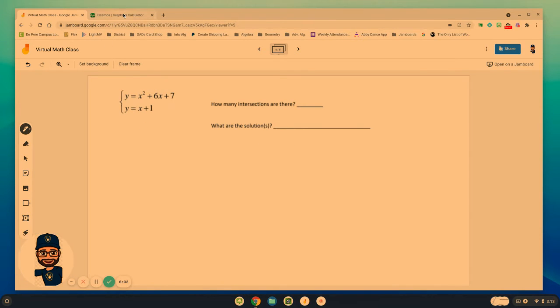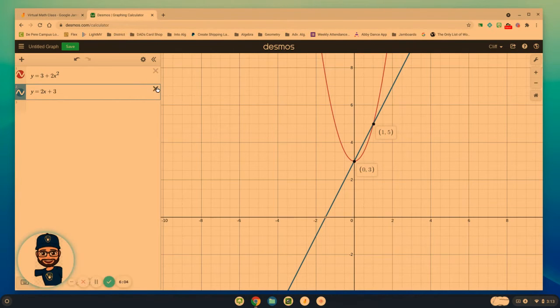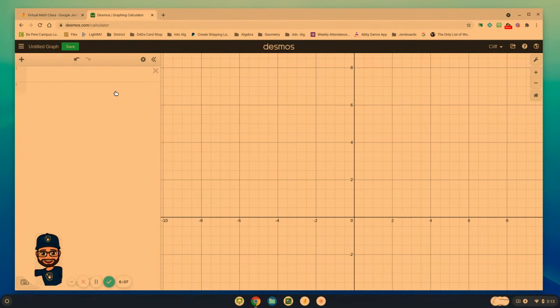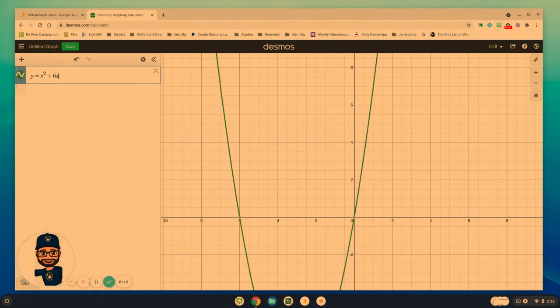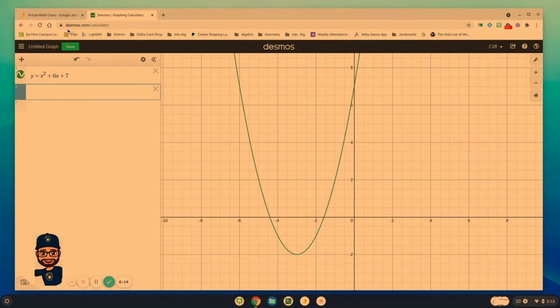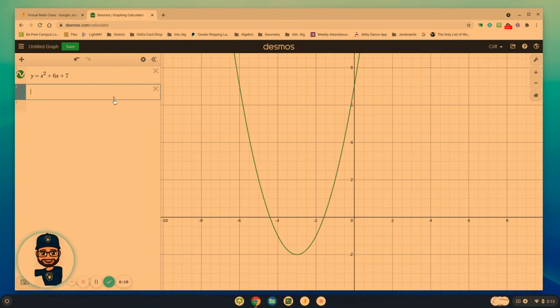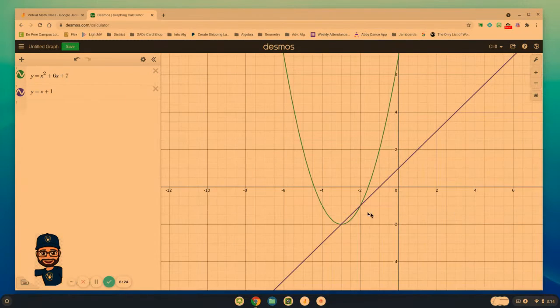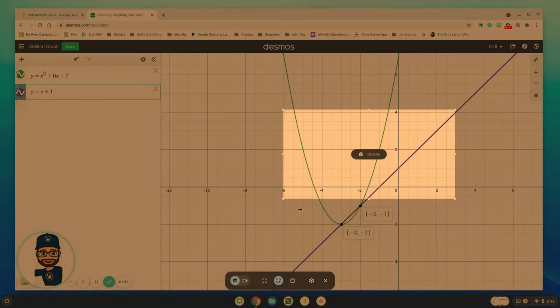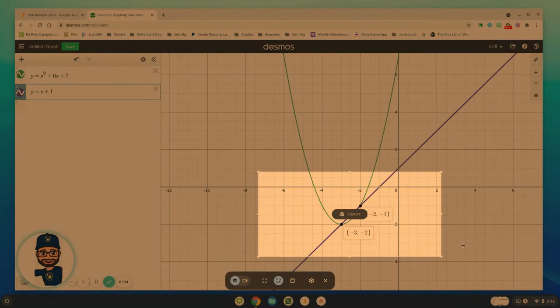All right, y equals x squared plus 6x plus 7 is our first one. y equals x plus 1 is our second. Once again, we have 2 intersection points on the parabola and the line, meaning those 2 points are the solution to this system.